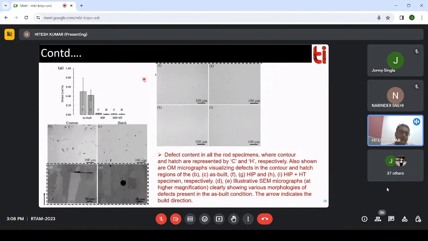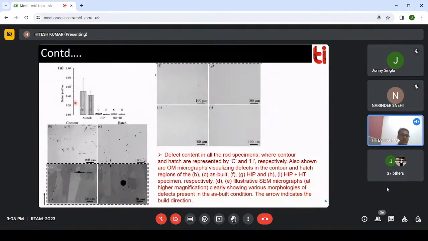As already discussed earlier, in additive manufacturing, defect density or defect fraction is also going to affect your material. To confirm that part, we took two different samples, one contour and one H, and tried to find out what the defect fraction is. Then we calculated it.